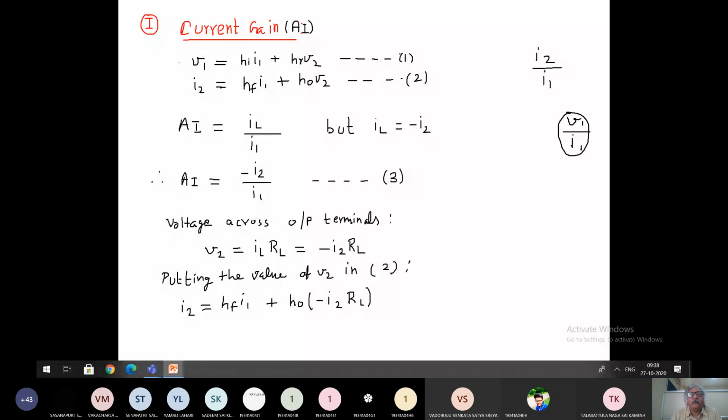So you have to use equation number 1. In equation number 1, you are having V1, you are having I1, and in second term, you are having V2. Anyhow, we will bring that V2 term in terms of I1 or I2. In terms of I1, then we are able to solve this, right? So that's why we are putting the value of V2 in equation number 1.